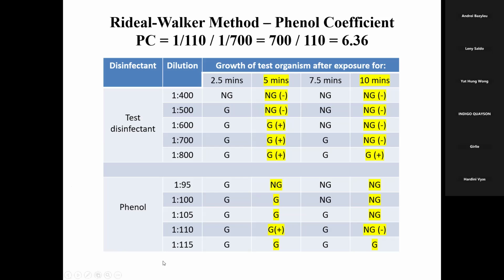You were probably given hypothetical values for phenol coefficient, and then you were setting up the second week, and based on those hypothetical values, you would get a range of results with growth or no growth in the test tubes, and you would have to identify which of these hypothetical values actually corresponds to a true value of the phenol coefficient. Why hypothetical? Because we didn't set up this part of the experiment in week one, so we don't have the basis to calculate the phenol coefficient.